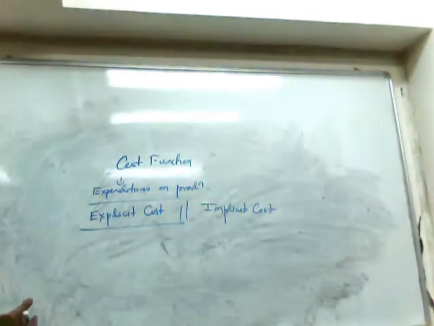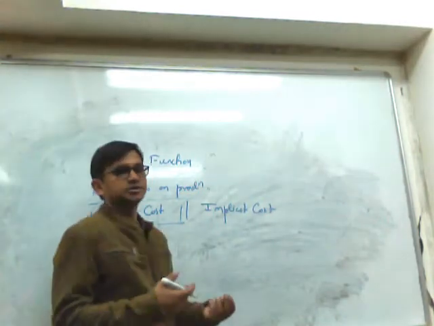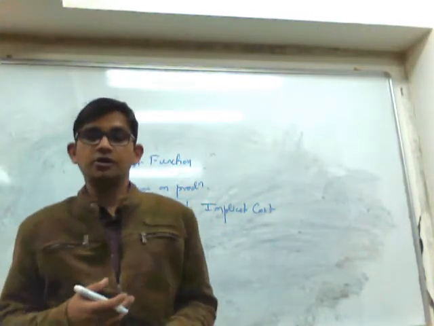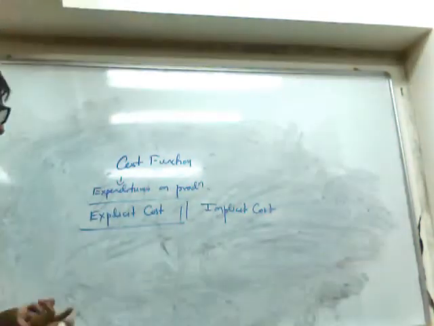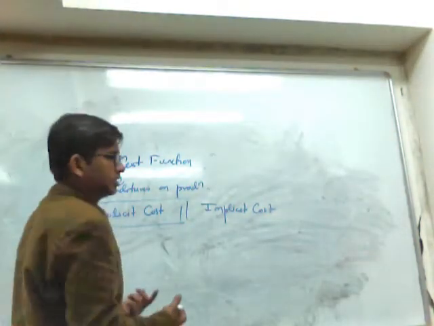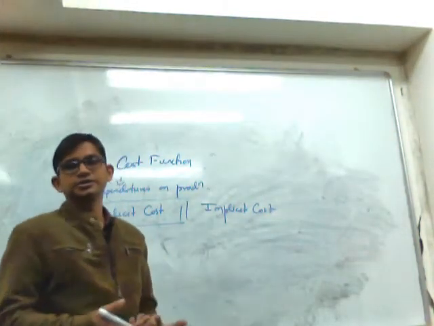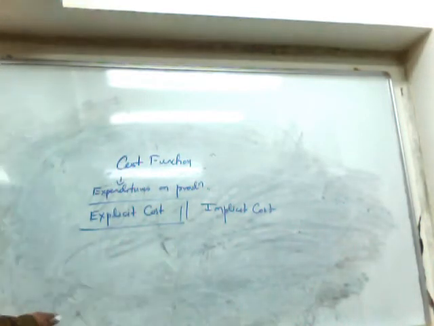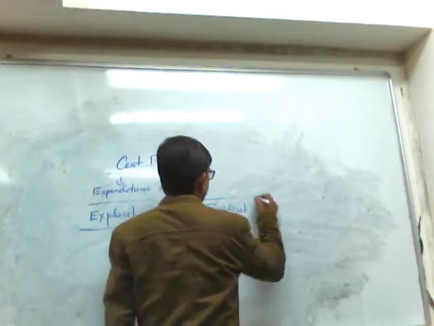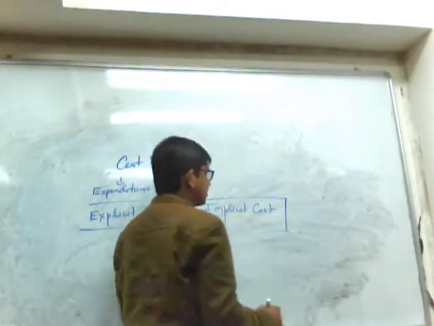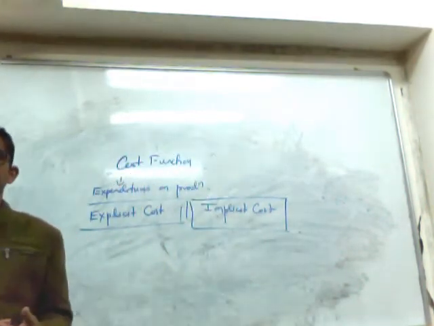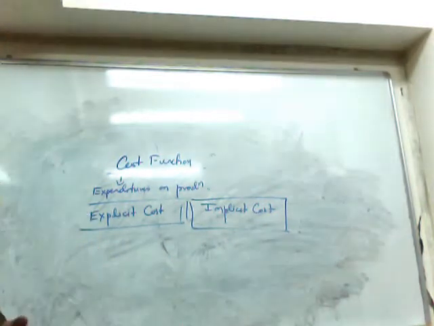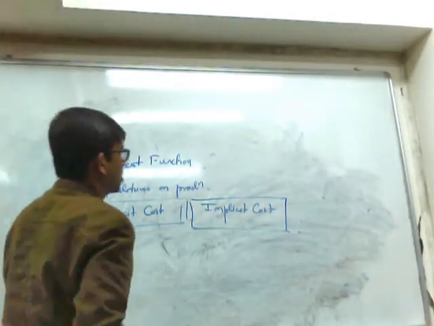Whenever you are purchasing raw materials for production, this is part of explicit cost. Whenever you are purchasing machineries, whenever you are paying the electricity bill, these all are parts of explicit cost. Implicit cost means the cost cannot be estimated easily, or for this there is no proper market.